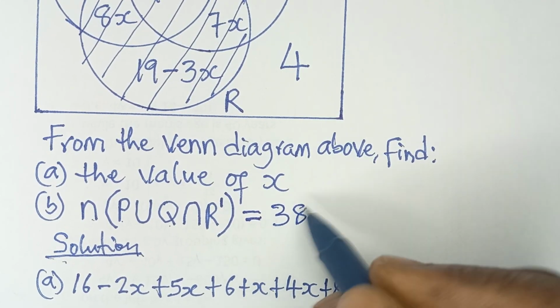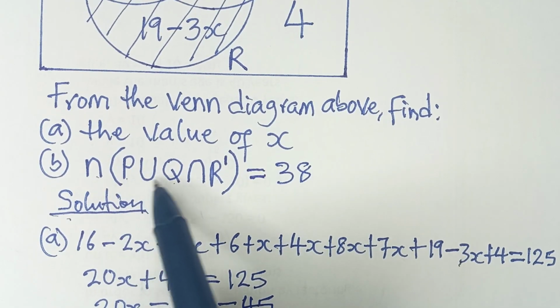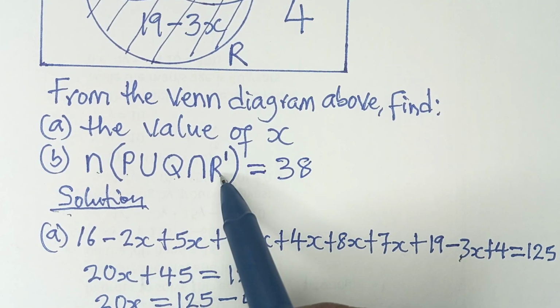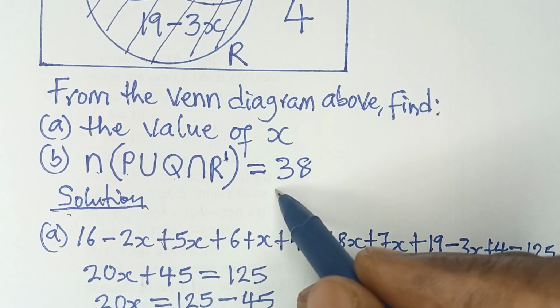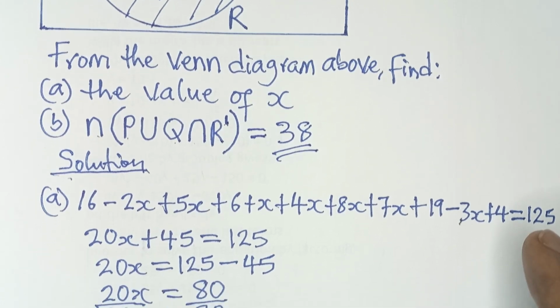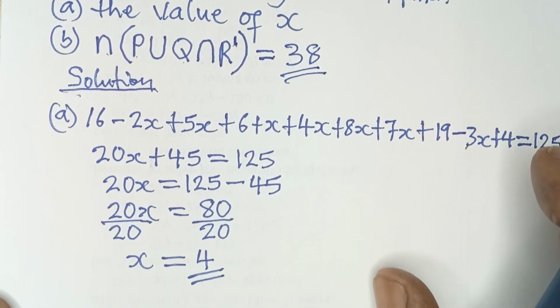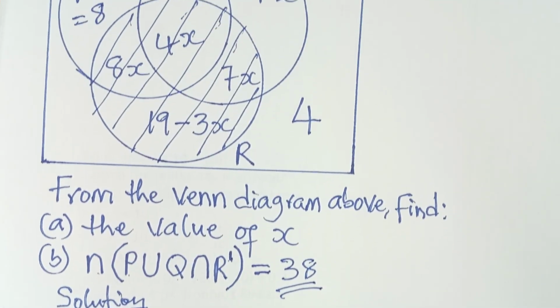That is the number of P union Q intersect complement of R, that is R prime. So that is exactly what we are asked to do, and we have obtained our final answer.